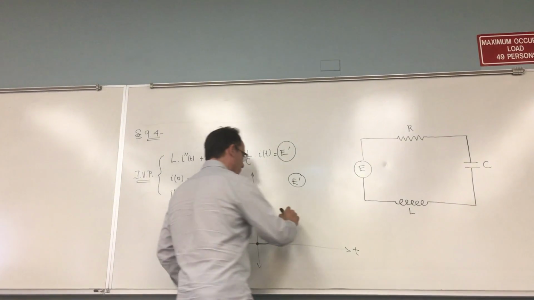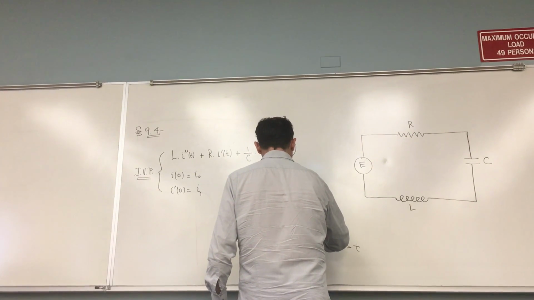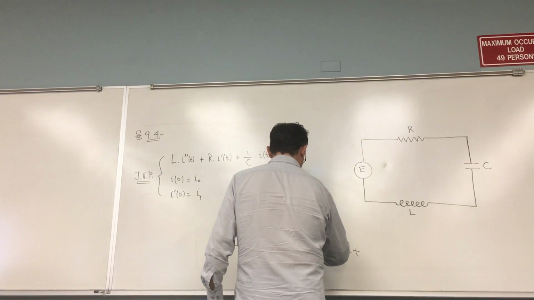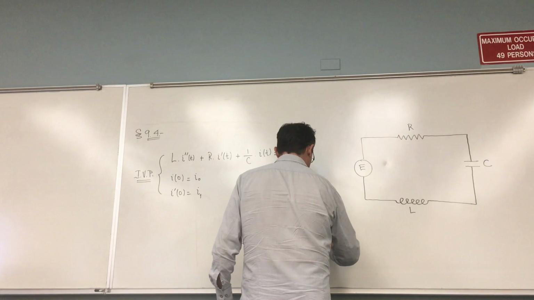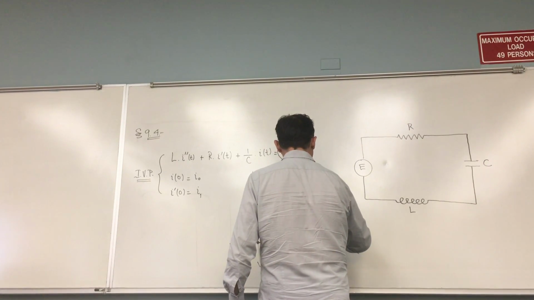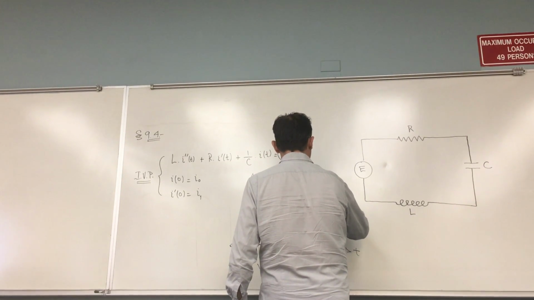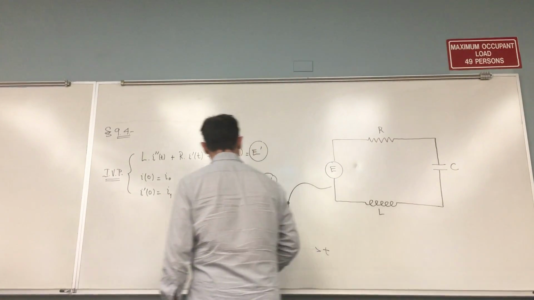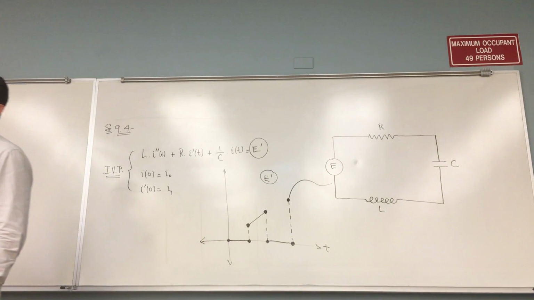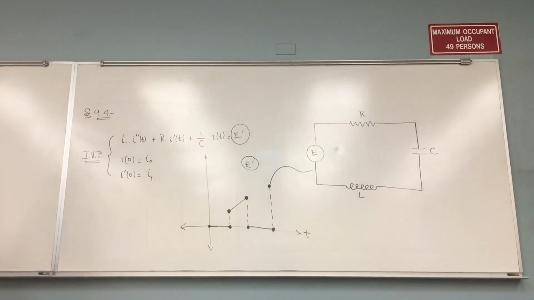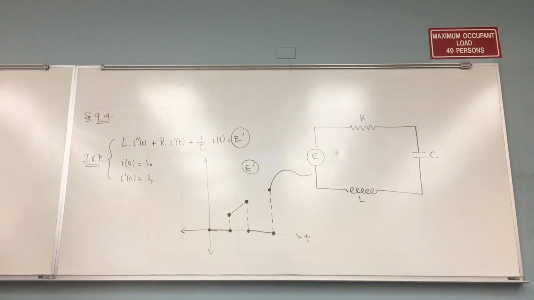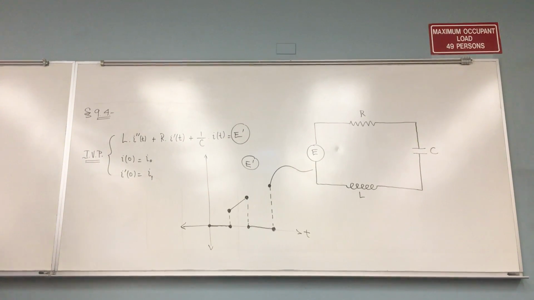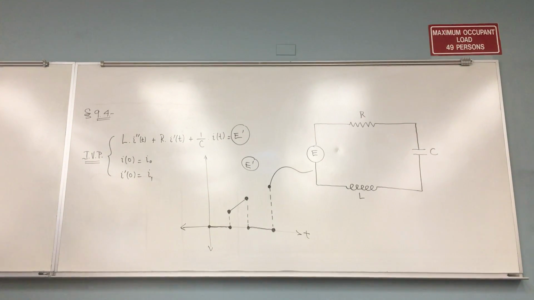And then you switch it off again, boom, and it's off for a while, and then after that, it jumps up, and then it could be any kind of function, right? It depends on the electromotive force that the generator or the battery applies to the circuit.